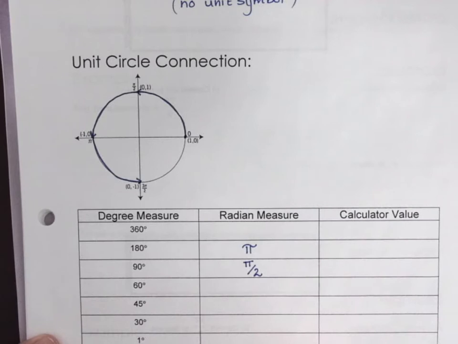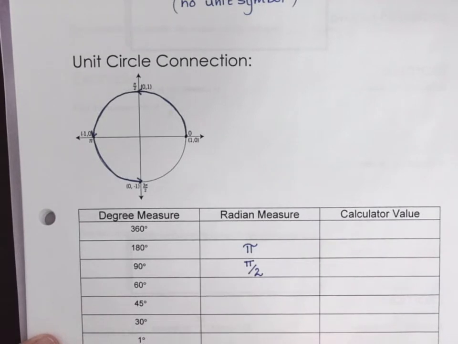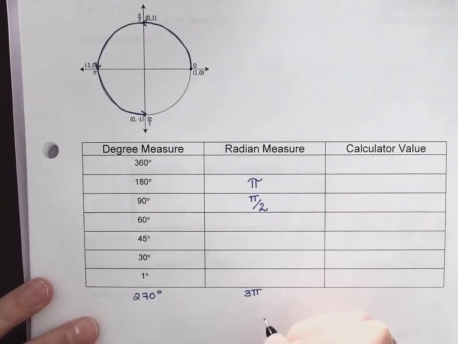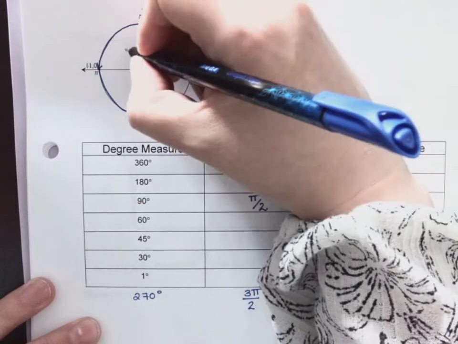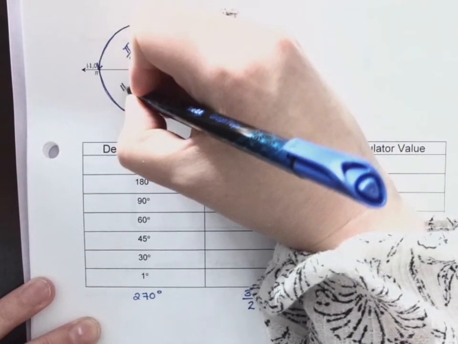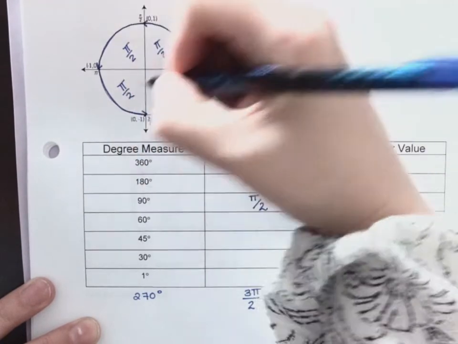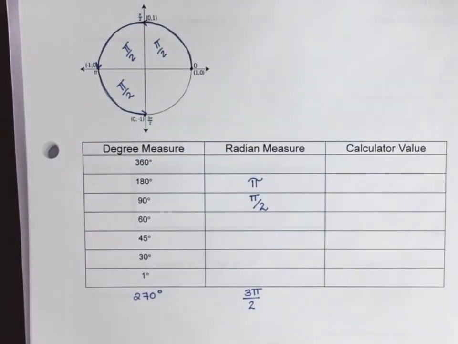Is it 3/4? 1.5, so give that to me as an improper fraction. 3/2 of pi. 3/2, right? So if you guys are saying that this is a half, this is a half, and this is a half, how many halves do I have? 3.